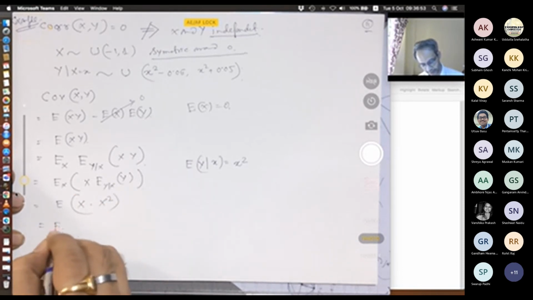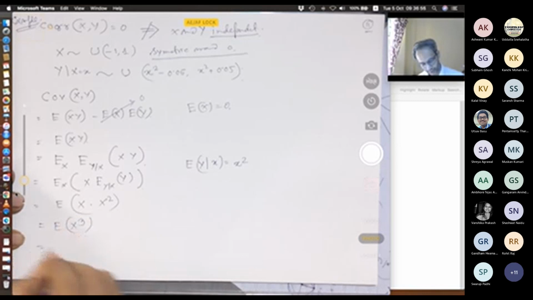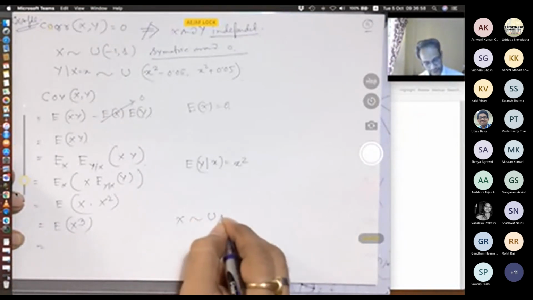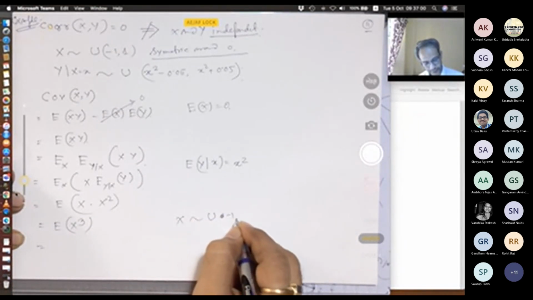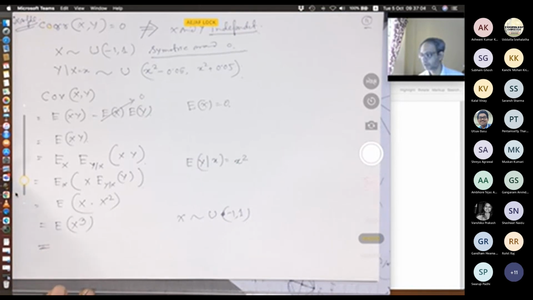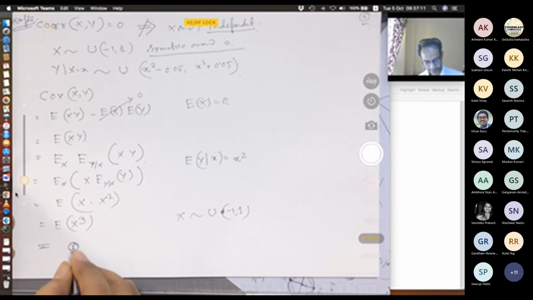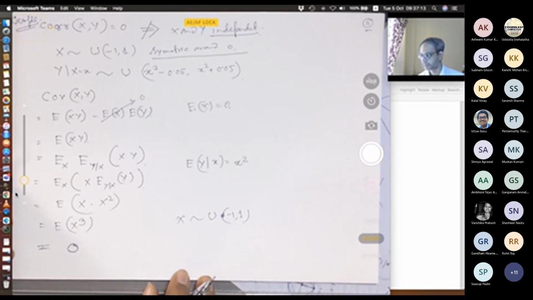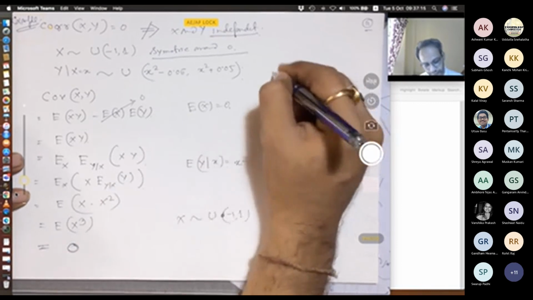So it is expectation of x cube. Now x follows uniform -1 to +1. What will be the expectation of x cube? 0. 0, because it is an odd function. Symmetric odd function, 0.